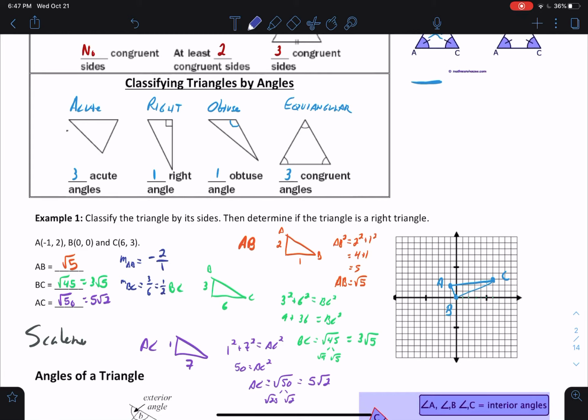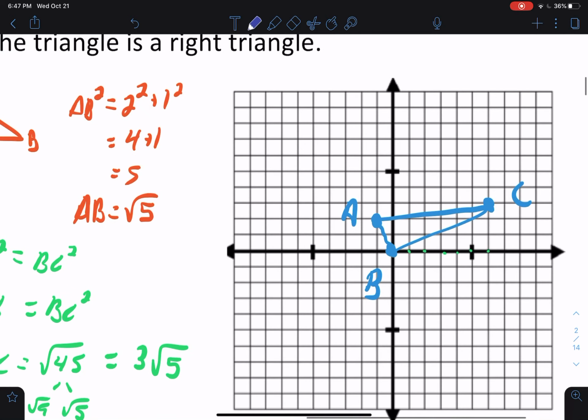So right there, I can stop. Because these are opposite reciprocals, when AB and BC meet at the vertex B, that's going to be a right angle.